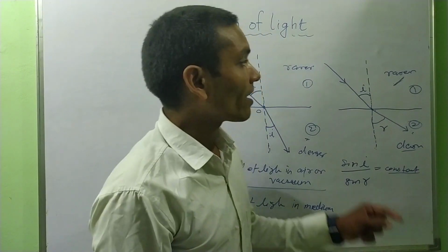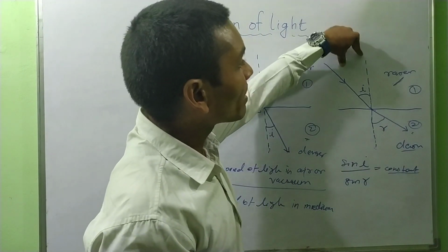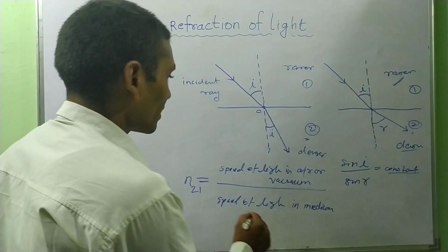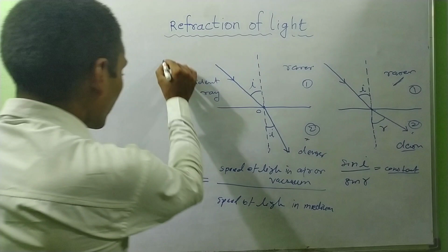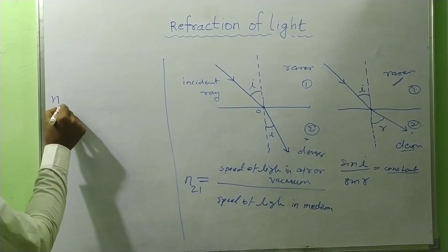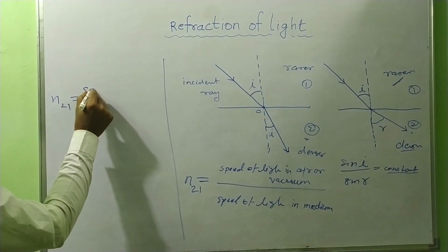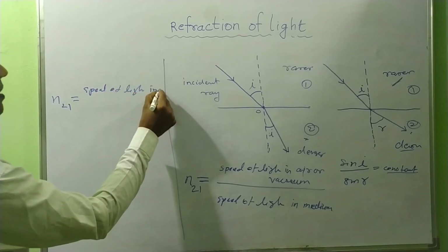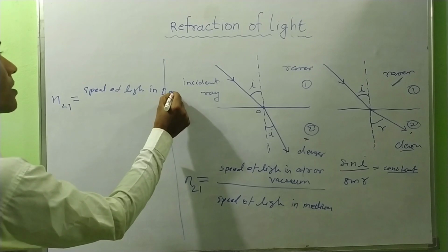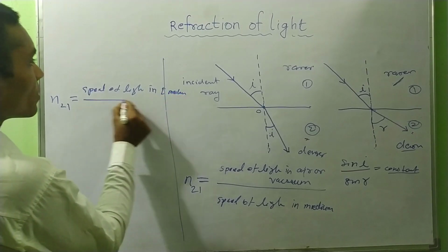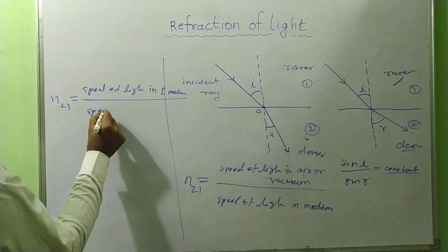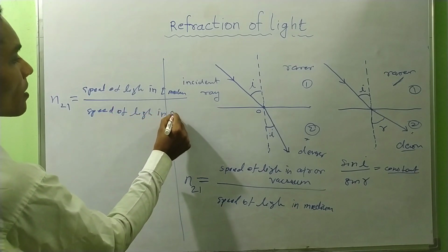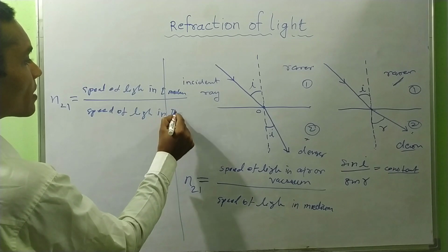So when a light ray goes from one medium to another, the refractive index n21 will be equal to the speed of light in the first medium to the speed of light in the second medium.